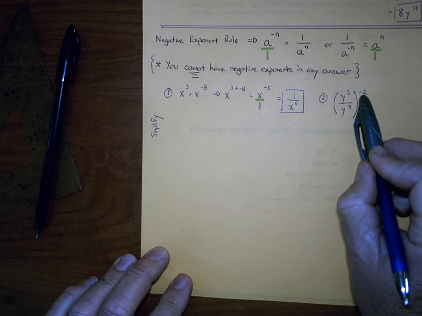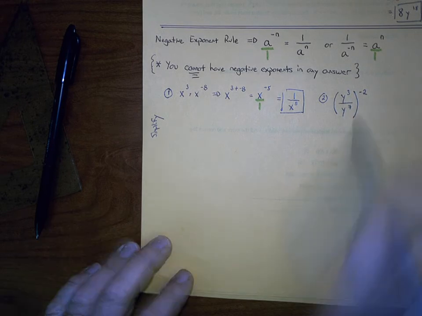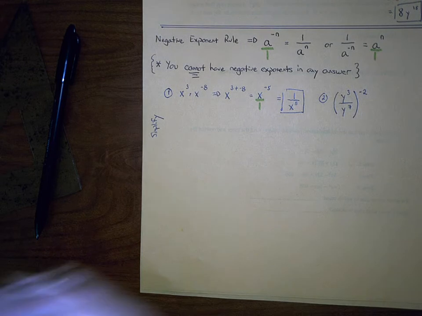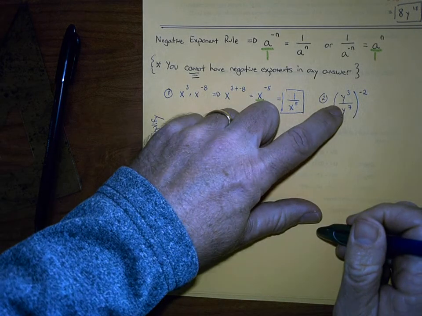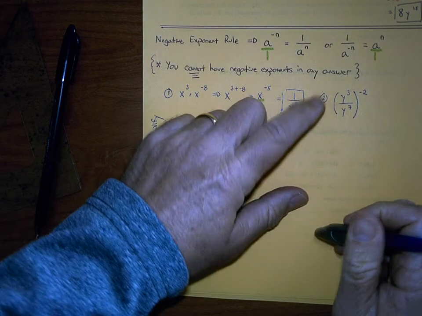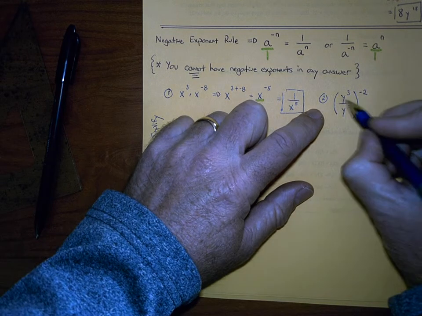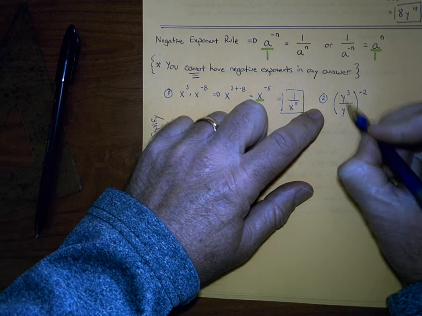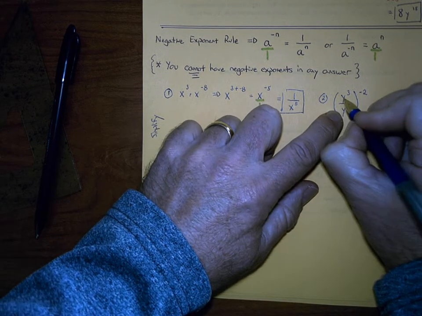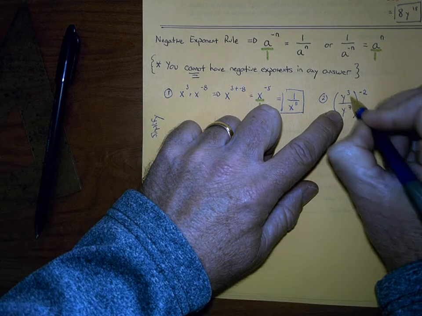Okay, so when we do this, follow the order of operations. If I said operate this problem, what's the first operation you would have to do? You would simplify out the inside of the parentheses. So what would you do with the 3 and the 7? Well, that's the quotient rule. That's where you subtract.